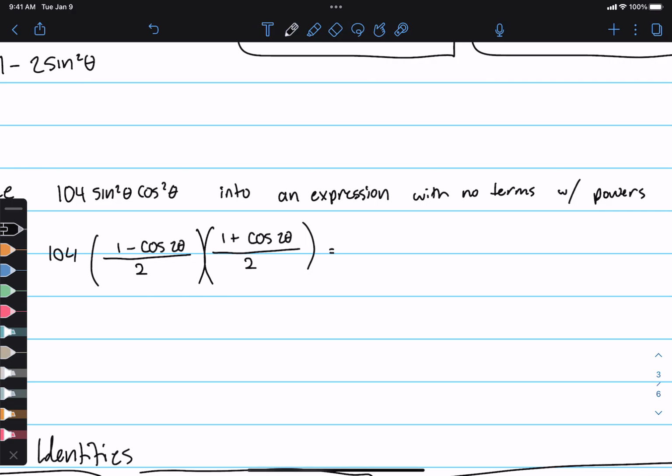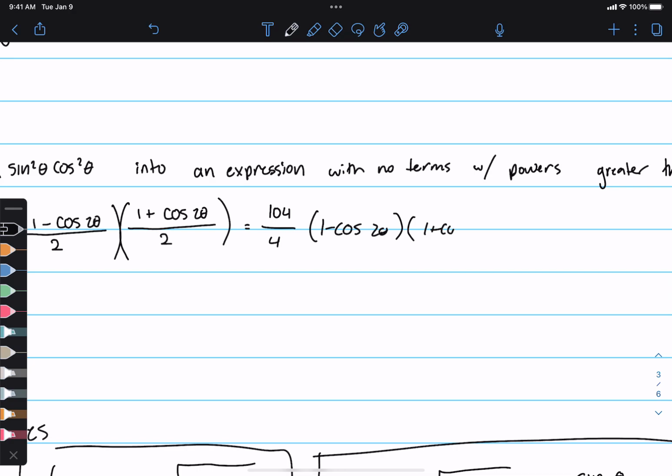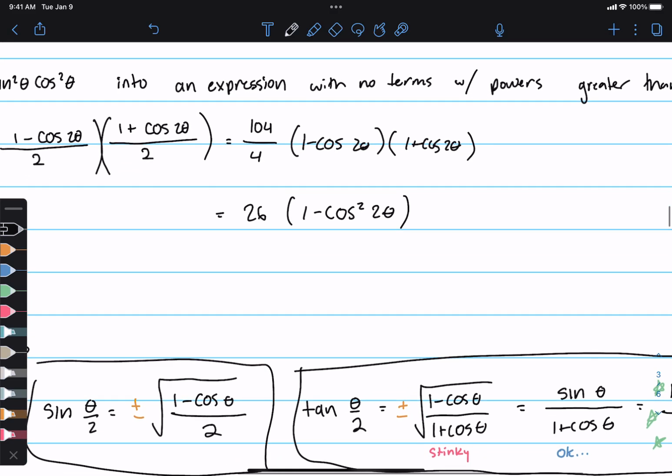I can pull out a 1/2 from both sides and get 104 divided by 4 times 1 minus cosine 2 theta times 1 plus cosine of 2 theta. When I plug 104 divided by 4 in my calculator, I'm going to get 26. And then foiling these out, I'm going to get 1 minus cosine squared of 2 theta. And now I'm almost done here. I just have to do one more.